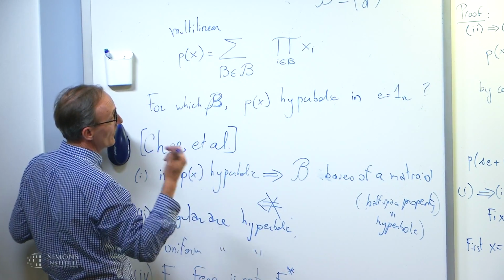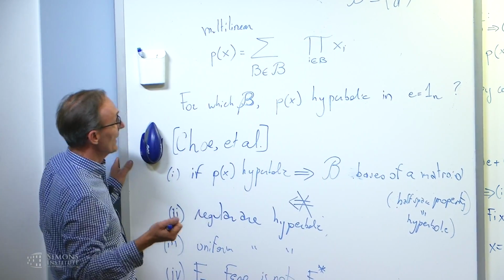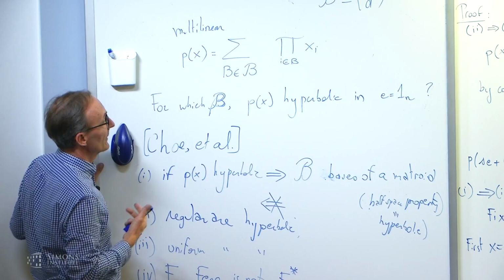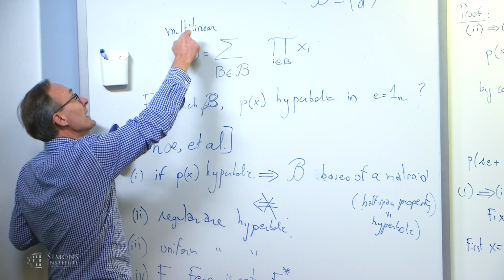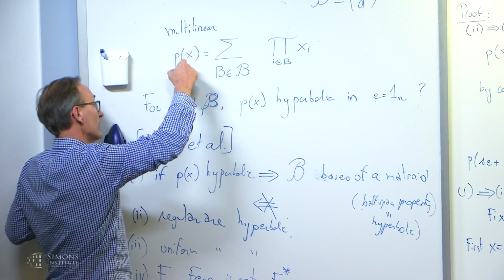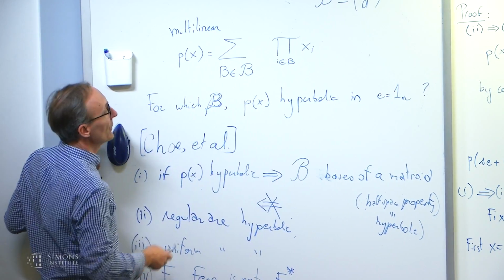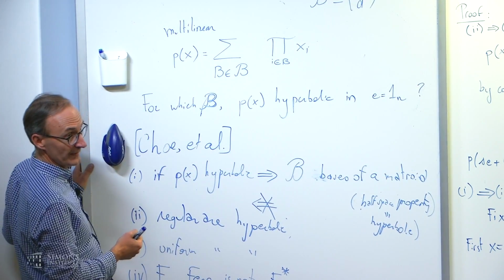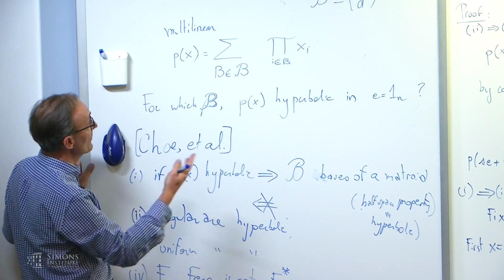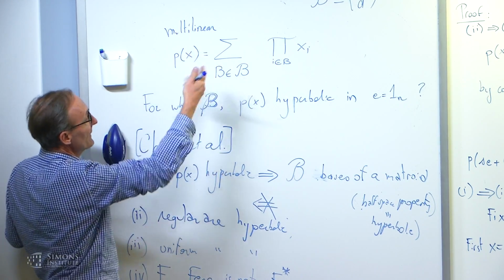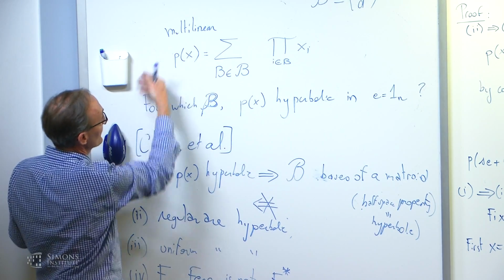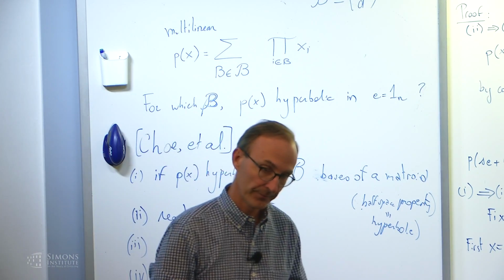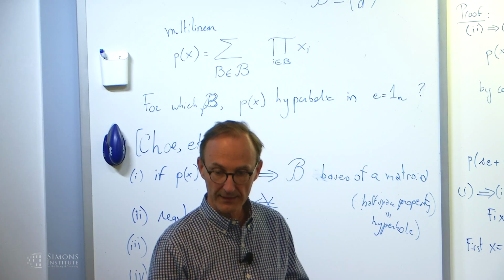One of the results that Petter Brändén has shown is that there exist matroids, the Vámos matroid, for which no power of P gives a spectrahedral representation. That doesn't mean, though, that you can't multiply by other polynomials and get a spectrahedral representation.